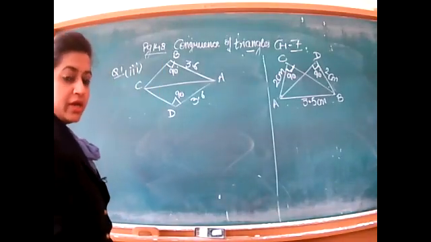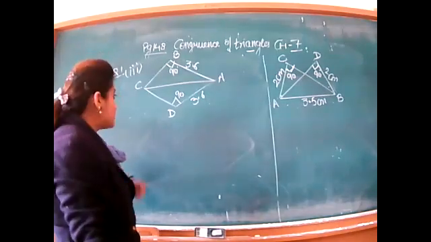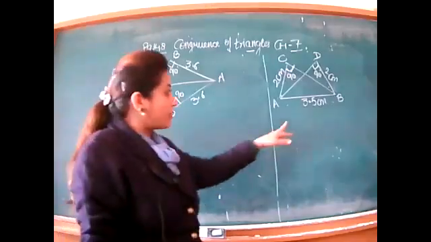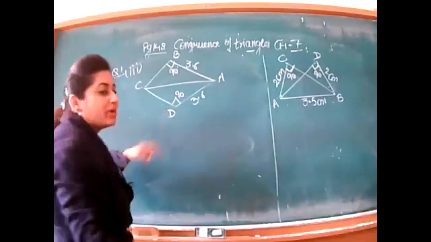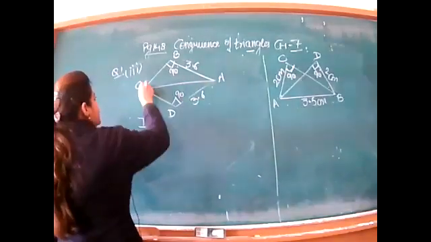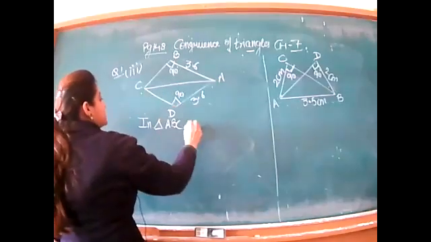Now look here. Again, you have to show that these two triangles are congruent. Can you see that two triangles are in the same figure? That means something must be common. As AB was common in this, same AC will be common in these two. So you will take triangle ABC and in the same manner ADC.